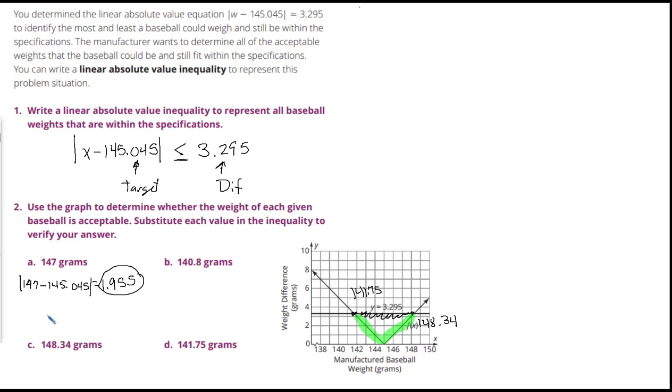We want to see if that number is less than or equal to 3.295. And the answer is yes. So the answer to this problem is yes.